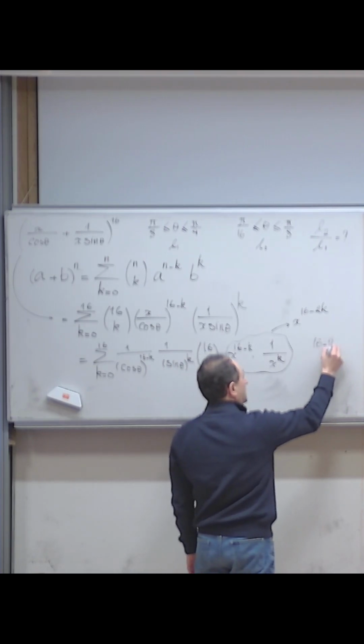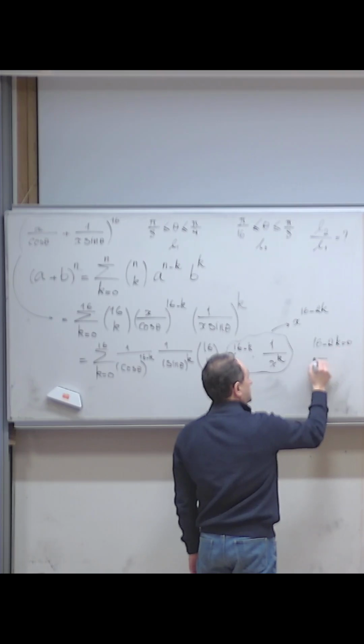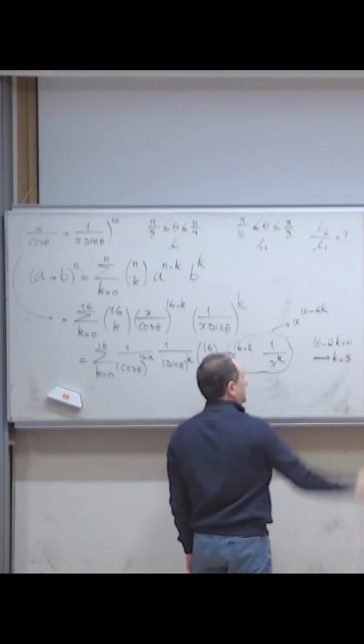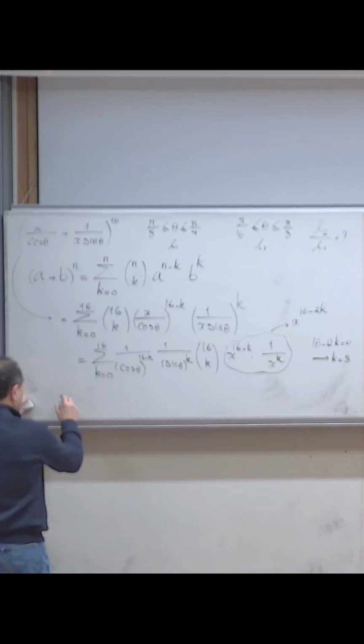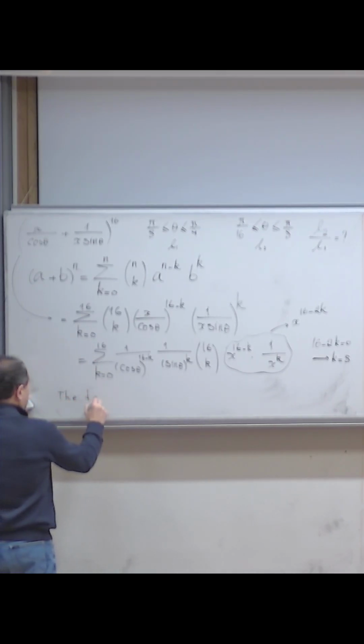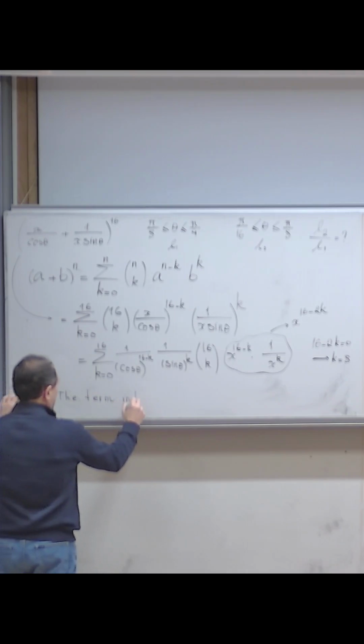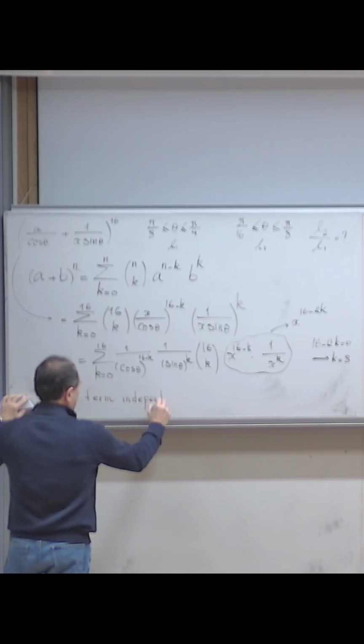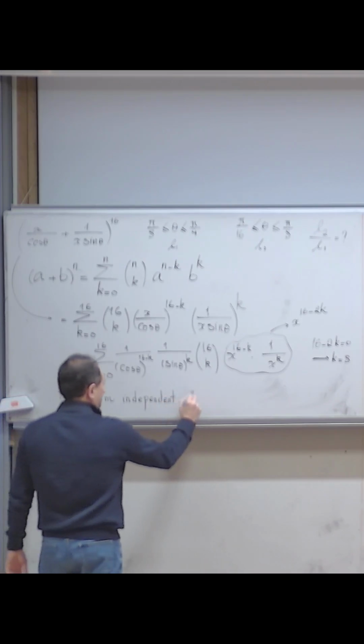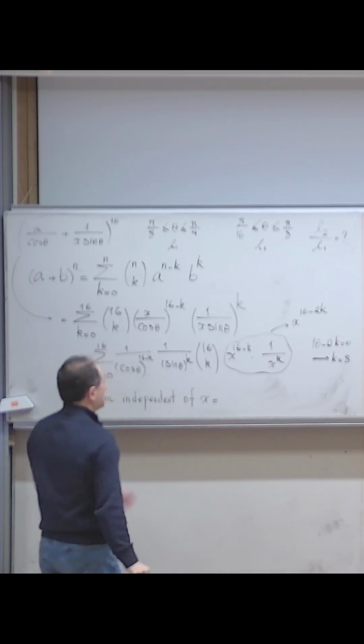So 16 minus 2k equals 0. This gives me that k is 8. Okay, so the term independent of x becomes equal to what? K is 8.